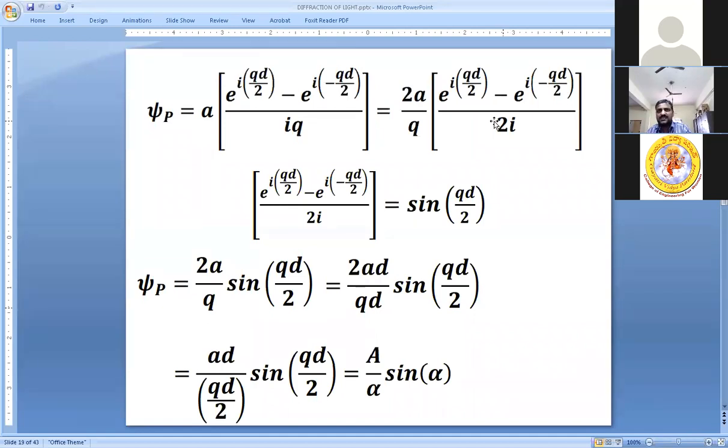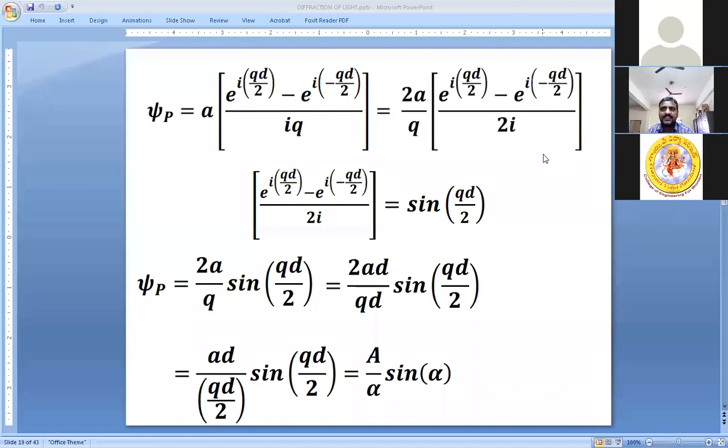There is a reason for doing this, because if you recall Euler's identity, e power i theta is nothing but cos theta plus i sin theta, right? Okay, fine. So e power i theta is cos theta plus i sin theta. Similarly, e power minus i theta is cos theta minus i sin theta, right?